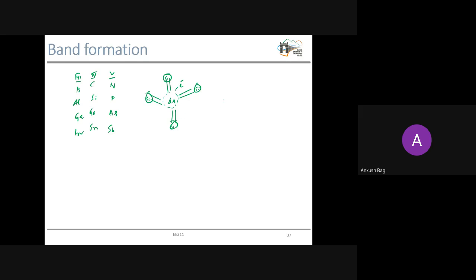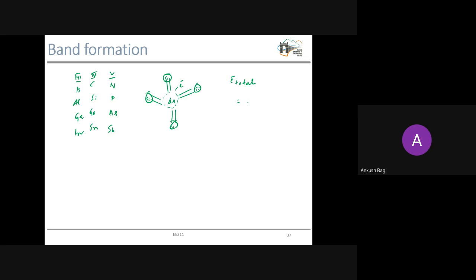How to quantify this? If we remember, in the previous class discussion, we calculated the total electron energy in the Bohr model, the hydrogen model discussion.